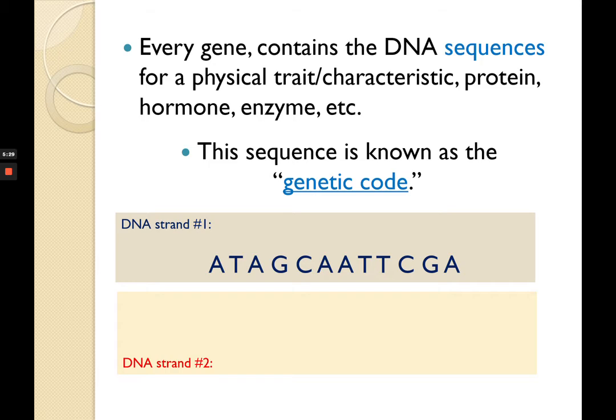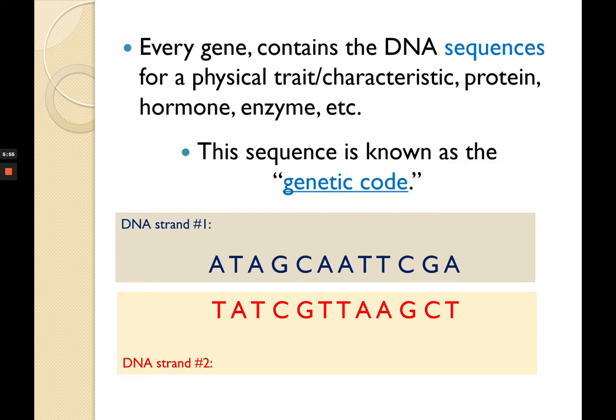All right, if you figured it out, A always pairs up with T, T pairs up with A, G pairs up with C, and of course C will pair up with any G. That's Chargaff's rule. This should be the sequence that you get. This is what we call the complementary sequence on the complementary strand.